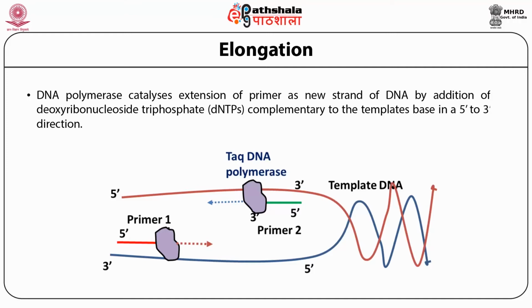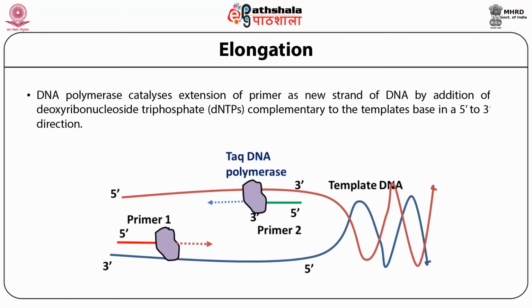The temperature selected is different for different DNA polymerases. The most commonly used polymerase is Taq polymerase, which is derived from a thermostable bacterium, Thermus aquaticus, and has its optimum activity at temperatures from 75 to 80 degrees centigrade.